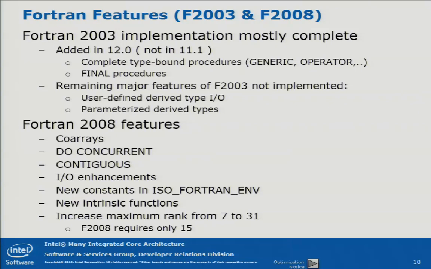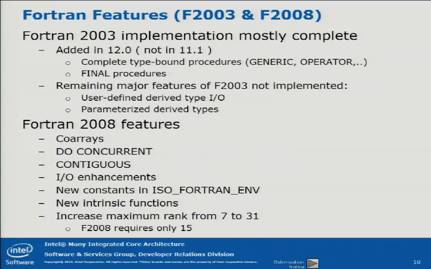So what do we actually support? So as I said, almost anything out of 2003. The only thing that is missing is user-defined derived type I/O, so basically writing structured type to disk or to files, and Fortran templates. Basically, it's called parameterized derived types, so where you can actually do something like C++ templates in Fortran.